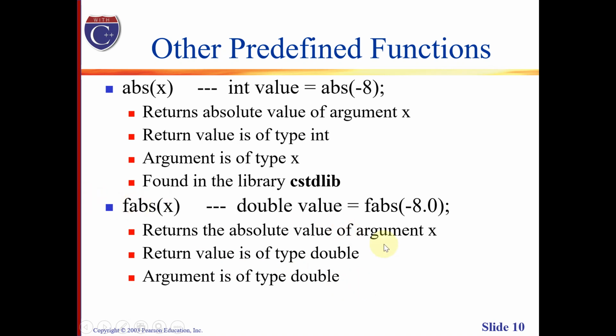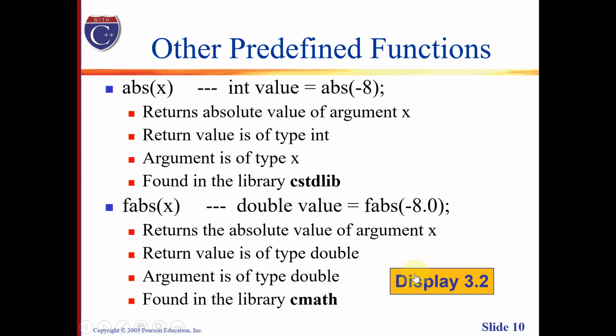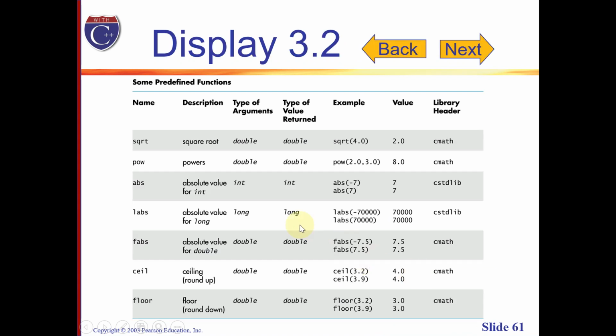This function can be found in the CMath library. Here are some of the other functions that we can use and their description. If you would like to explore this, you can simply read about this and, of course, its details in the ebook that will be given to you.